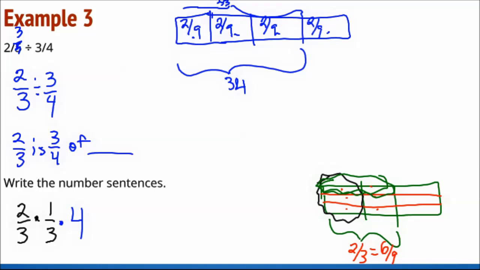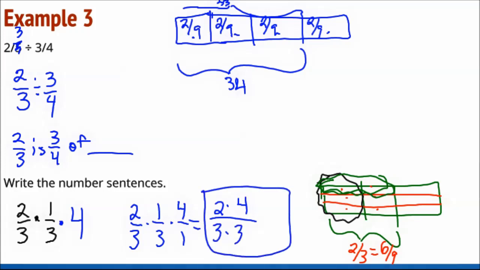So I've got my 2/3, and I find 1/3 of it, and I multiply it times 4. So I've got 2/3 times 1/3 times 4 over 1, which gives me 2 times 4 and 3 times 3. And I'm trying very hard to connect that straight up to our reciprocal, and I get 8/9.